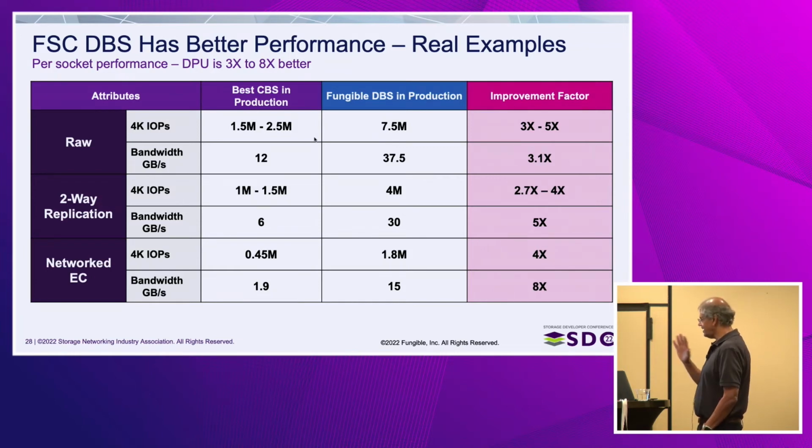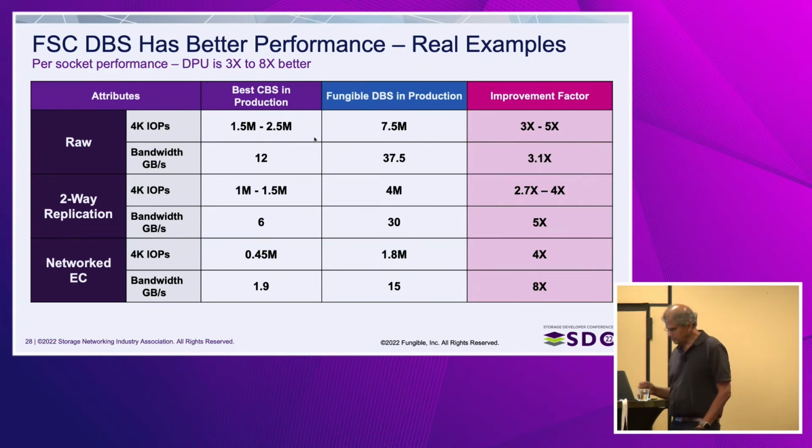I've tried to be as fair as I know how to be in making these comparisons and not over-claiming a lot of stuff. But nonetheless, just looking at real numbers from real products, whatever we're able to see, we believe that the DPU-based things can give you anywhere from 3 to 8x better performance as well.